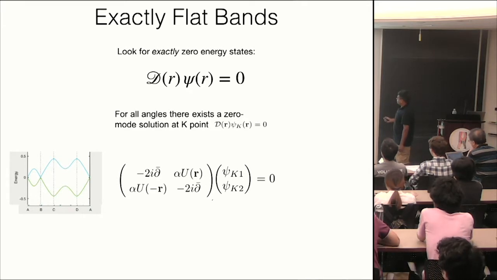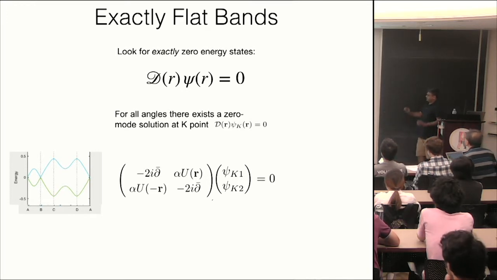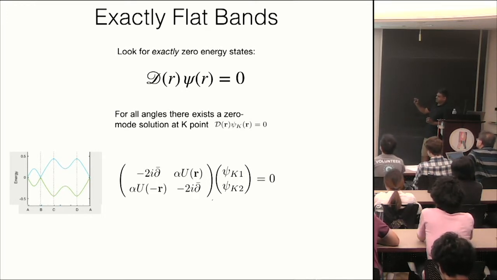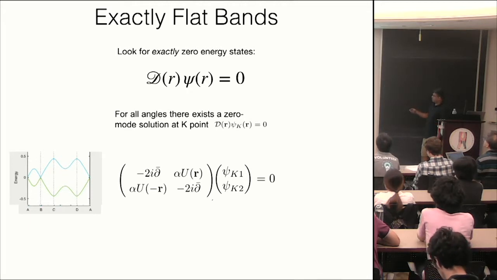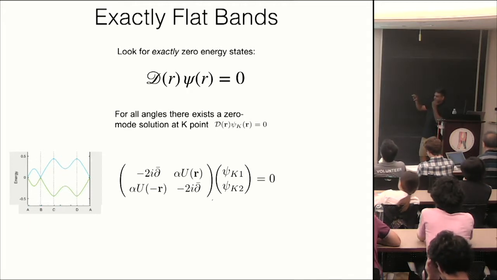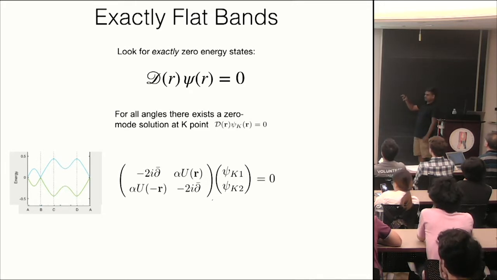Okay, so we had this Hamiltonian where we had just off-diagonal components, a D and a D dagger. Usually when you have a Hamiltonian like that, you don't try to solve the eigenvalue equation with just the off-diagonal component. That's not even a Hermitian matrix. The only reason you would want to do that is if you're looking for a zero energy state.